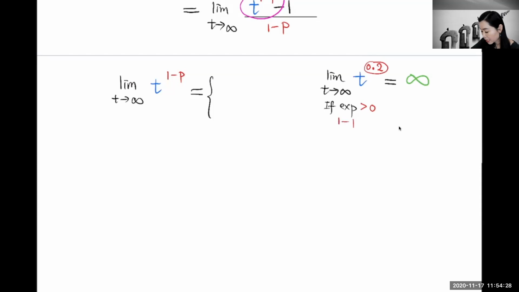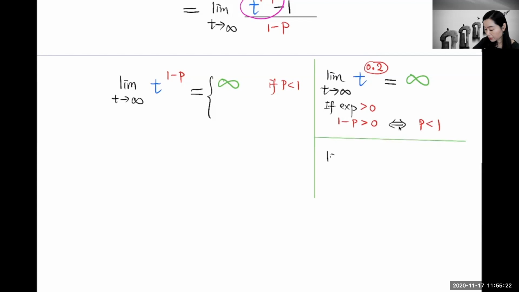If 1 minus p is greater than 0, then when t goes to infinity, t to the 1 minus p exponent will go to infinity. 1 minus p greater than 0 is equivalent to p is less than 1, right? So what happened over here, we can write it down. If p is less than 1, then this limit here will be infinity.